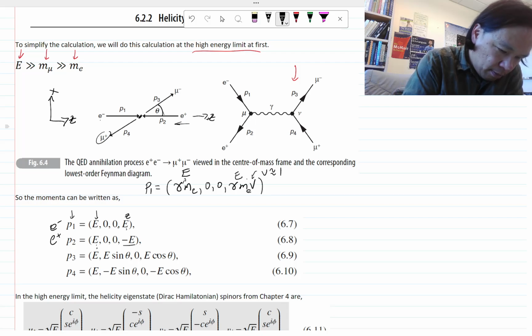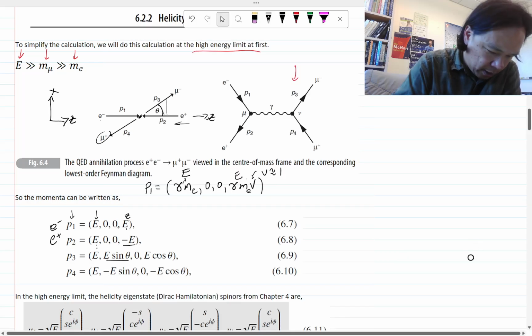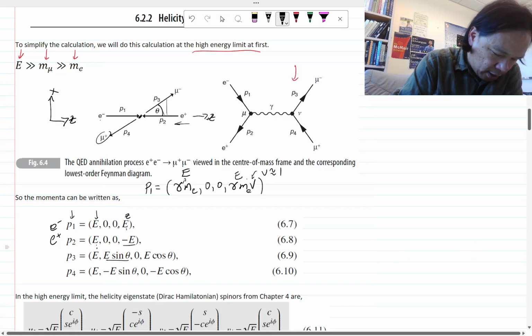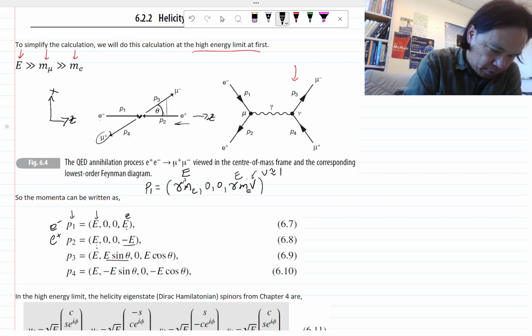Okay. But doing a little bit of geometry, you're going to find that momentum 3 is going to be: the x component is the energy times sine of theta, and then the z component is the energy times cosine of theta.